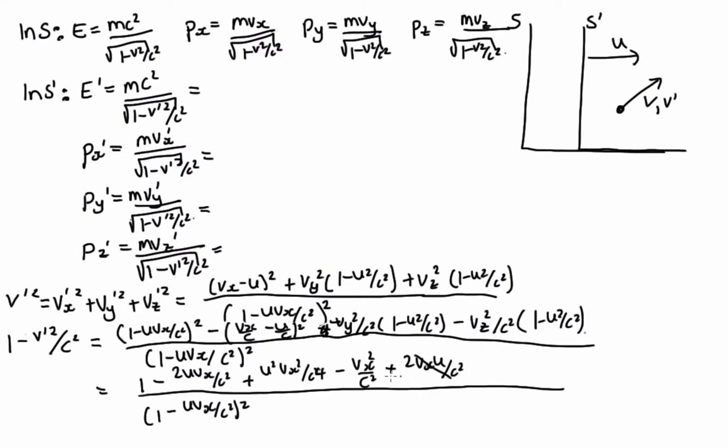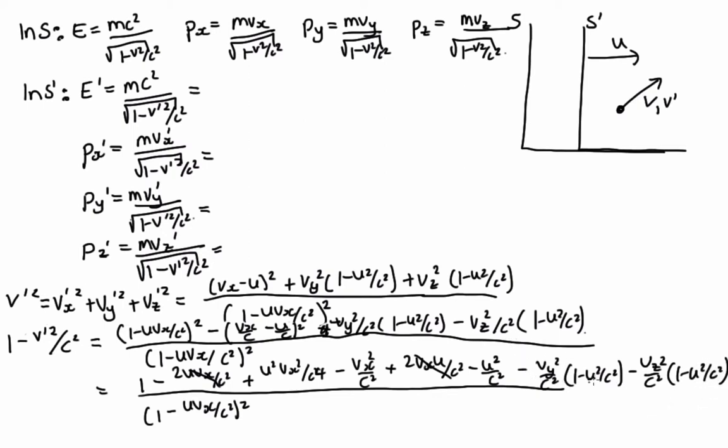And this term will cancel this term, and then we've got minus U squared on C squared. And then we've got the minus Vy squared on C squared, (1 minus U squared on C squared), minus Vz squared on C squared, (1 minus U squared on C squared).